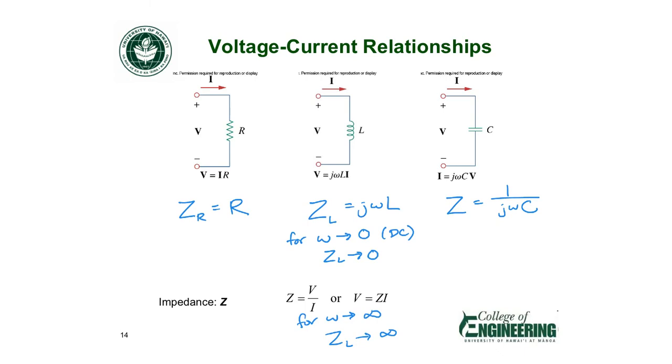Okay, let's look at the capacitor. So what happens as we make the signal go to DC? What does my capacitor impedance become?